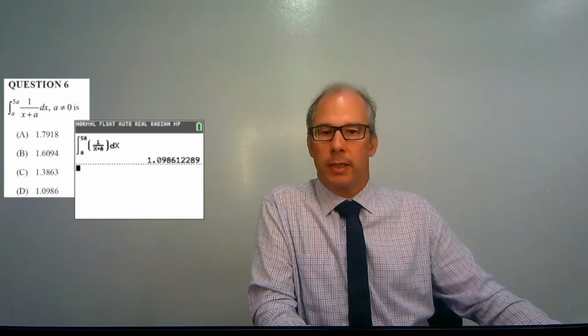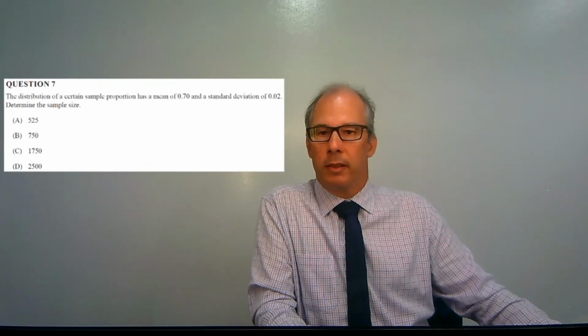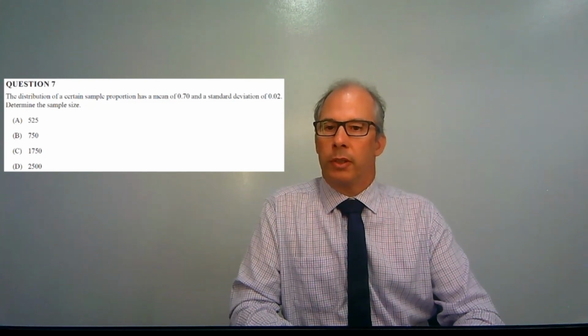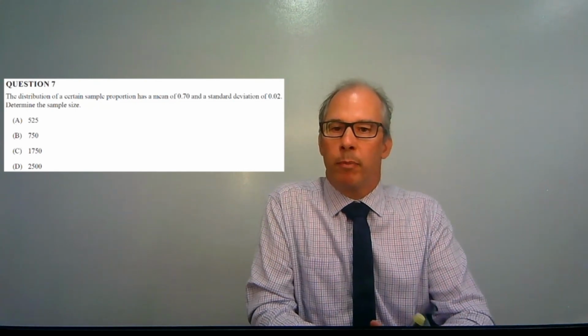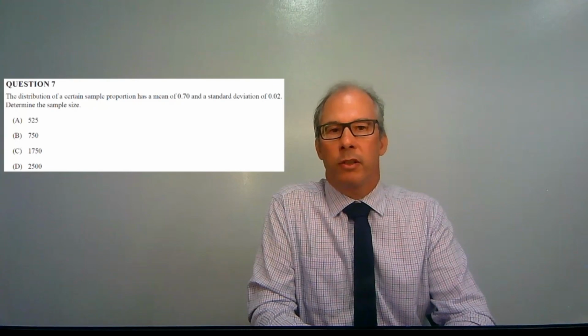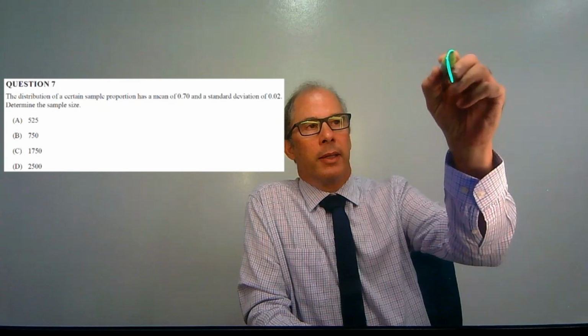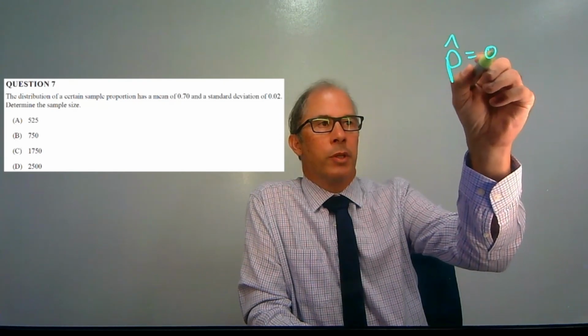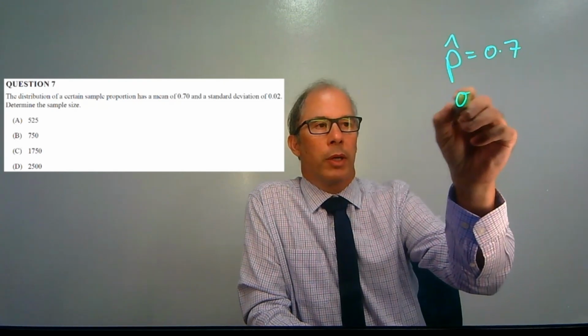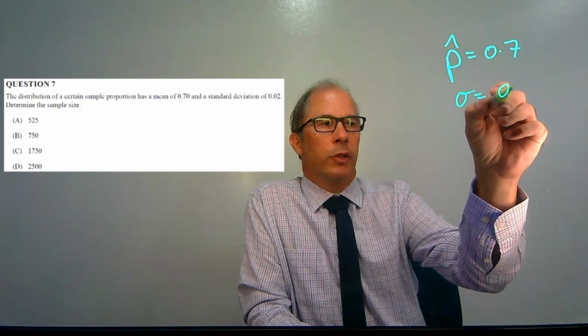So question 7 is the distribution of a certain sample proportion has a mean of 0.7 and a standard deviation of 0.2. Determine the sample size. So we're given p hat is equal to 0.7. We're also given the standard deviation is 0.2.